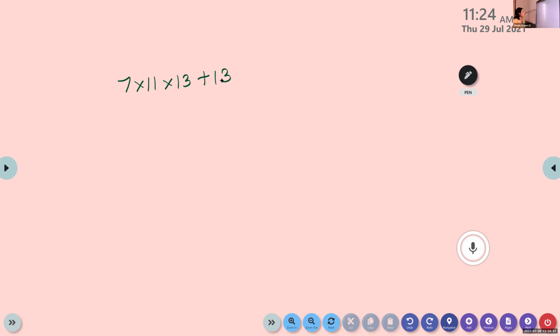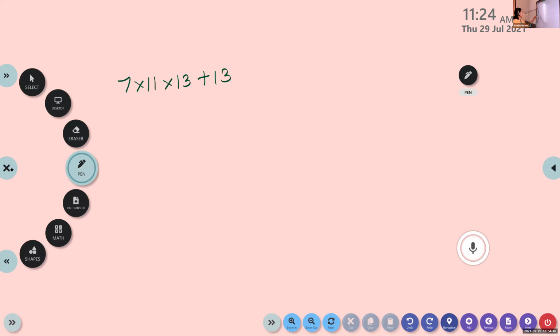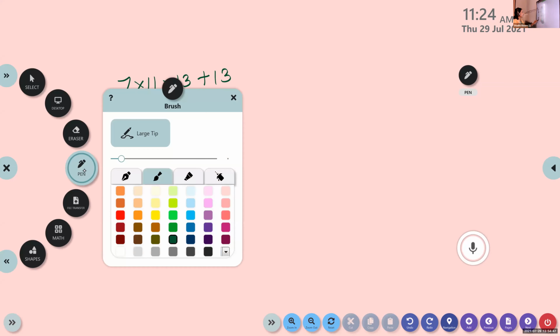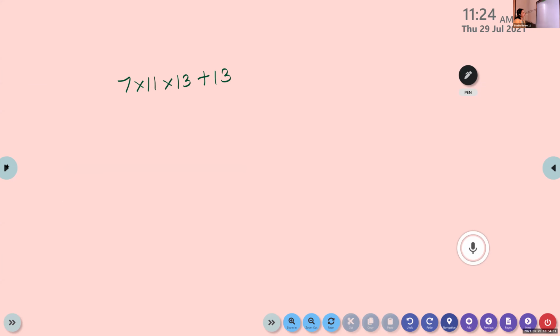So from these 2 terms, which one can you take? What is the question? Check whether 7 into 11 into 13 plus 13 is a composite number or not.